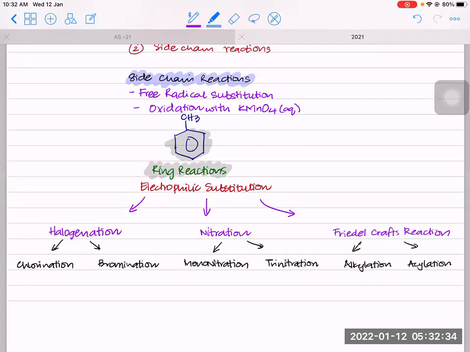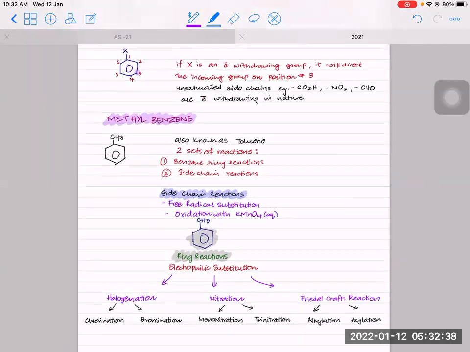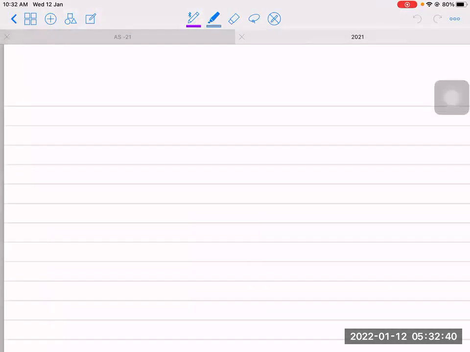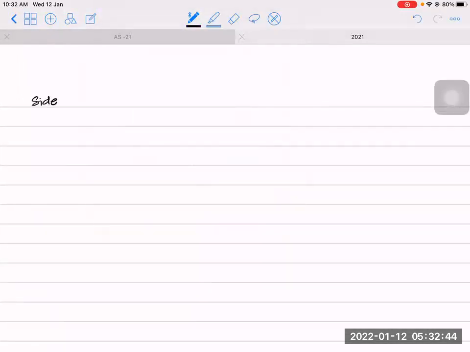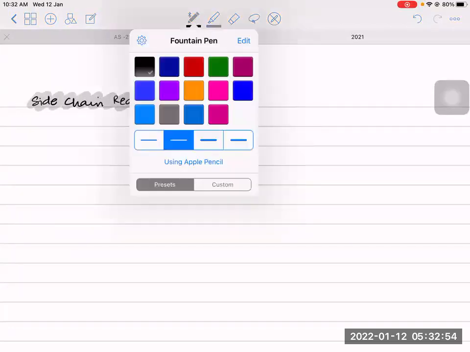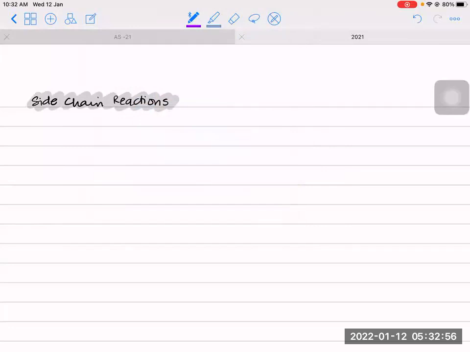Now, let's see the side chain reactions of methyl benzene. So you have two types, free radical substitution and oxidation.